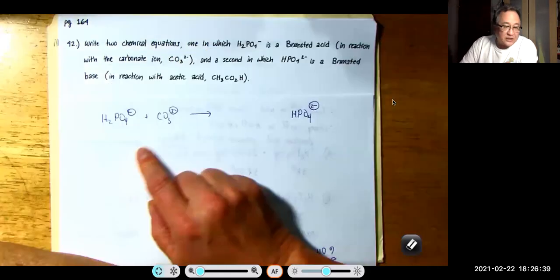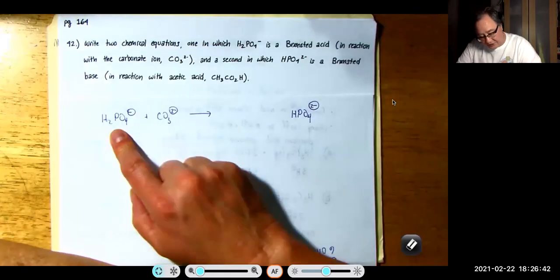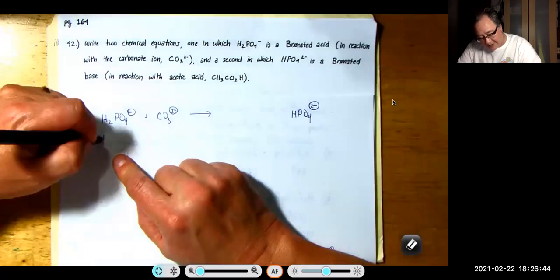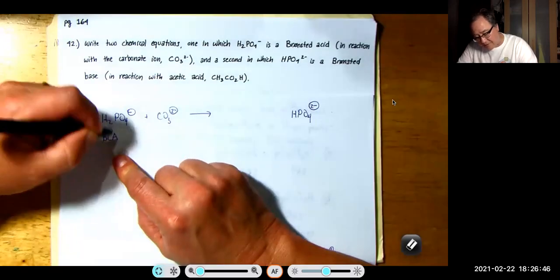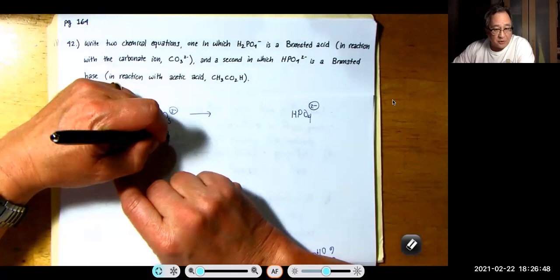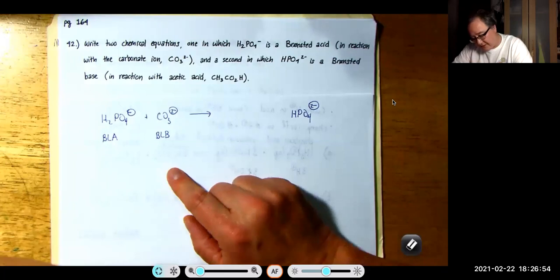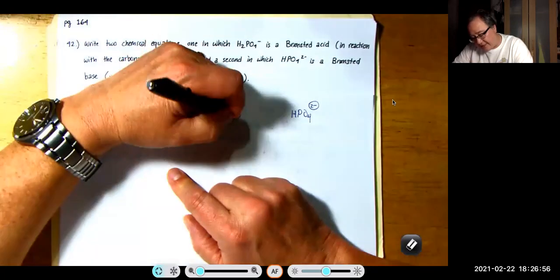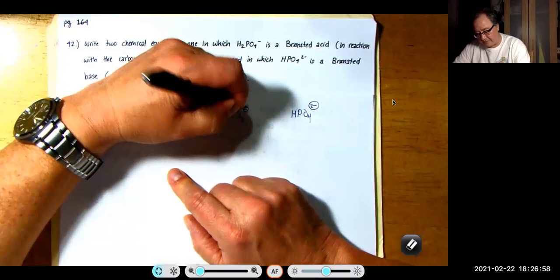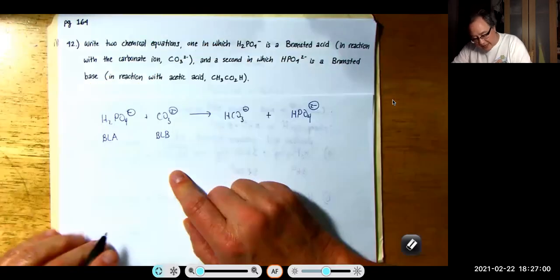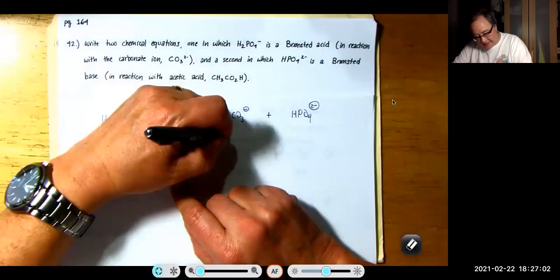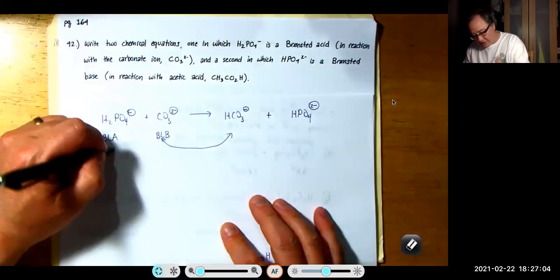So if this guy is going to lose a proton because it's a Bronsted-Lowry acid, then this is the Bronsted-Lowry base, which means it's going to gain a proton or accept one. So how do we write this when it's accepted a proton? HCO3 -1. So this guy turns into that guy, and this guy turns into that guy.